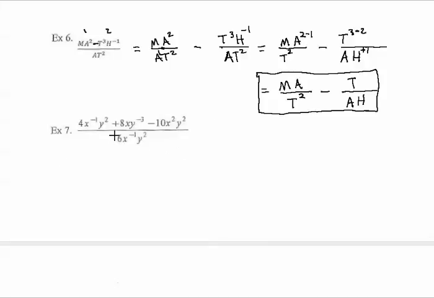So example 7, one more example of where we have a monomial in the denominator. One term in the denominator, we break apart the numerator into separate fractions. Okay, there's our first one.